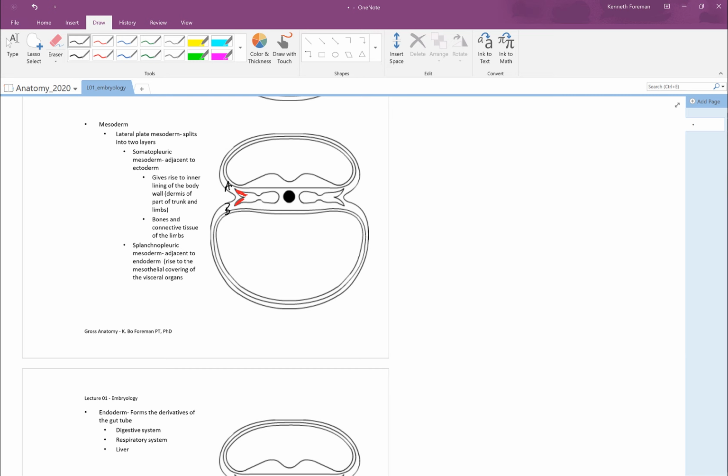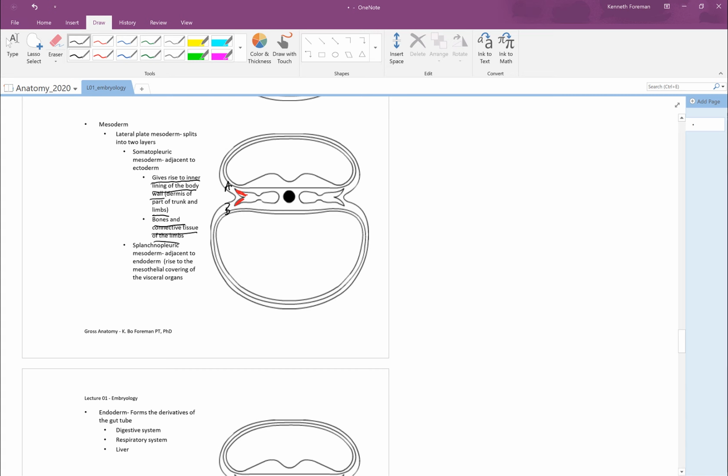The somatopleuric mesoderm gives rise to the inner linings of the body wall, which is dermis, which is the remaining parts of the trunk, and the limbs. Okay, so all the dermis of the limbs is formed by this somatopleuric mesoderm. And it also forms all the bones and connective tissue of the limbs.